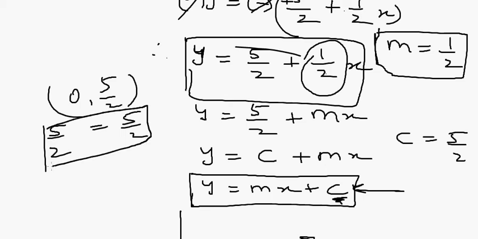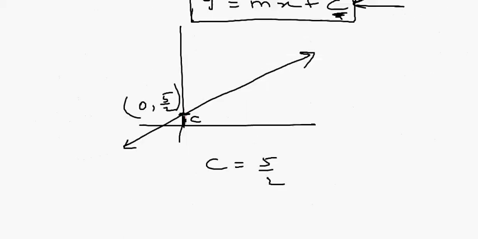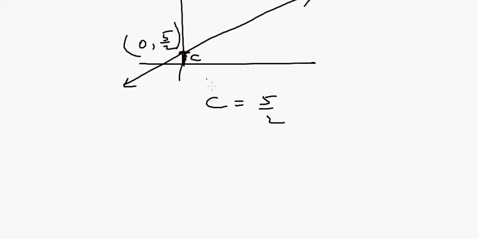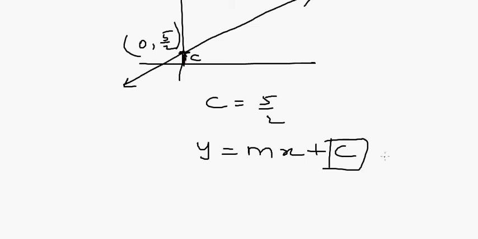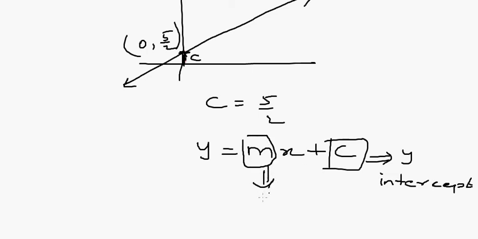So it's matching. So we can say for sure that this point is on the line, and this point is actually the y-intercept. So whenever you see an equation y is equal to mx plus c, c is the y-intercept, and m is the slope.